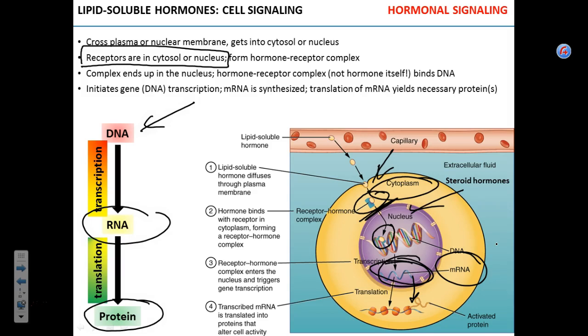Now, this takes a lot of time. So many steps. So, water-soluble hormones usually produce very massive and rapid effects. Okay?